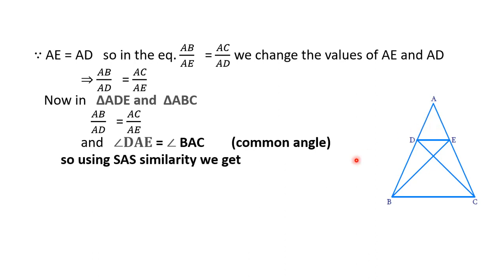So we can say now these are the ratios of two sides and the included angle between them. So by the SAS similarity, we have triangle ADE is similar to triangle ABC. So it's proved.